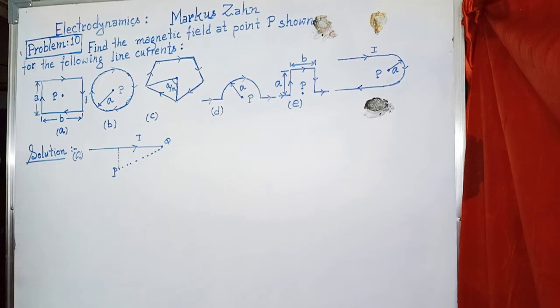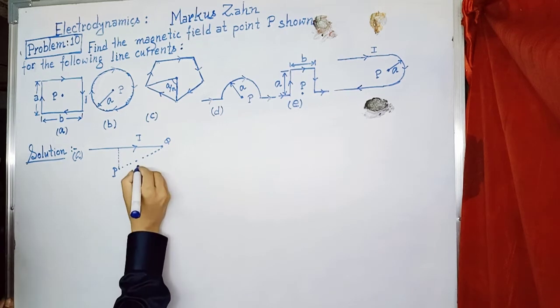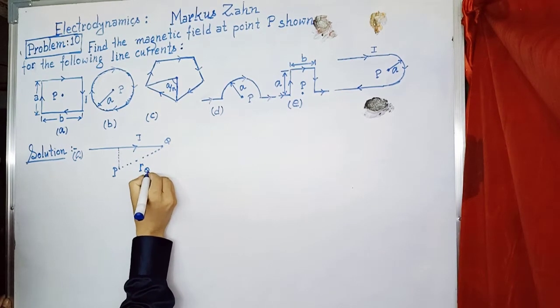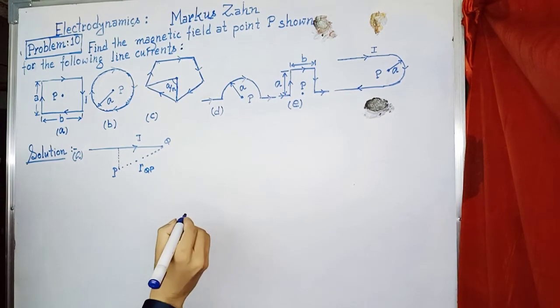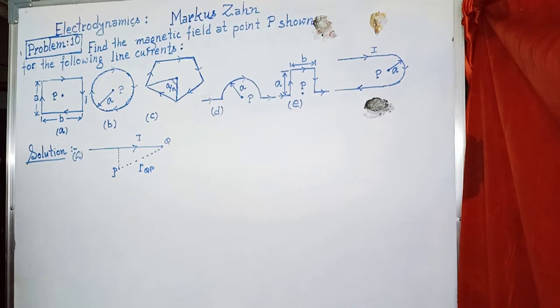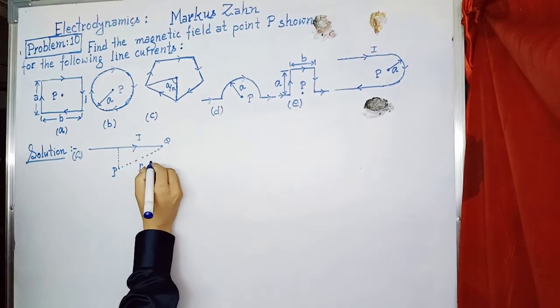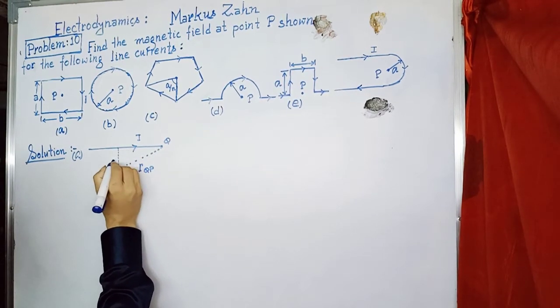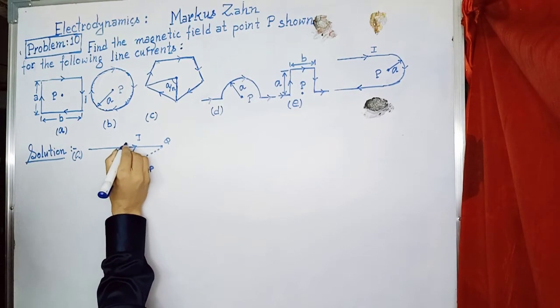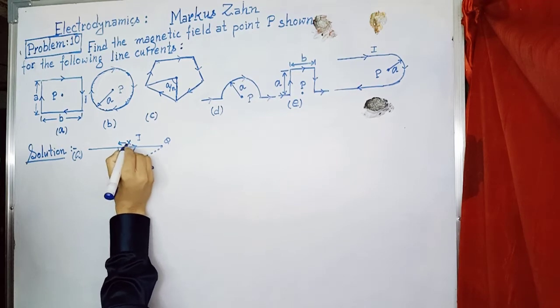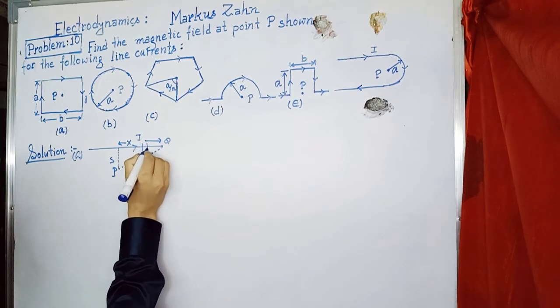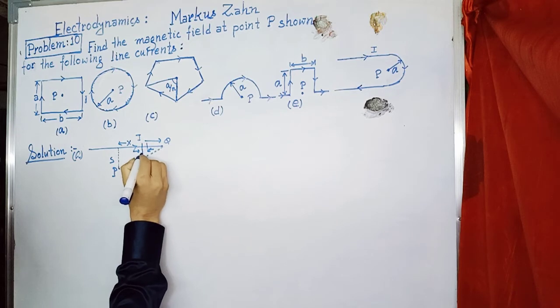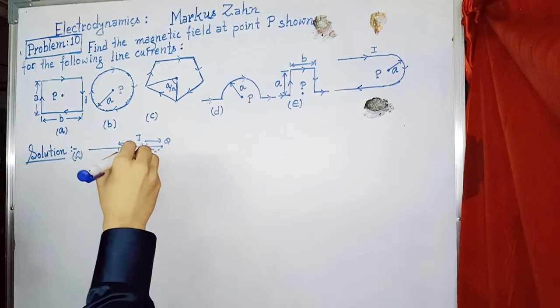If we join these points P and Q, then we will find the radius vector RQP. Let this distance be S and this distance be X, and we again consider a small element on the wire, dx.